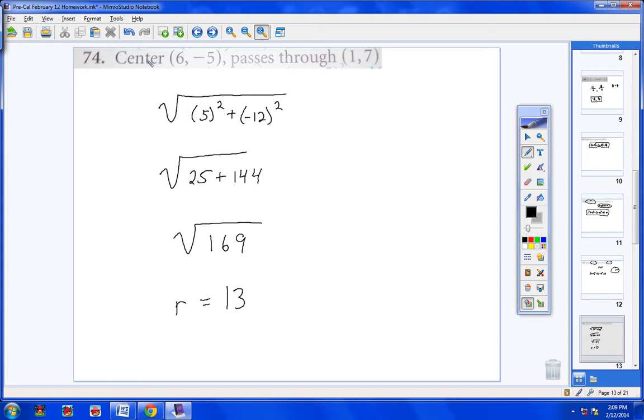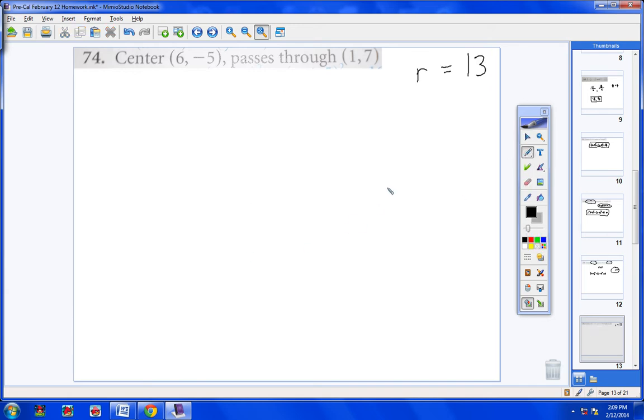The distance from the center of the circle to a point on the circle is always the radius, and the radius is 13. So now we know what the center of the circle is. That was given to us in the original problem, and now we know what the radius is of the circle. So we can write our equation. So here we go.